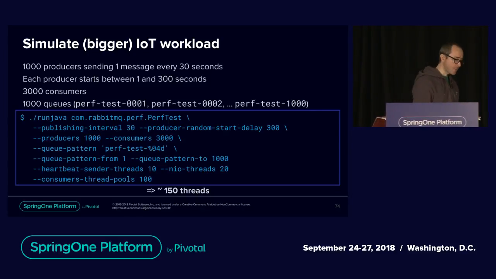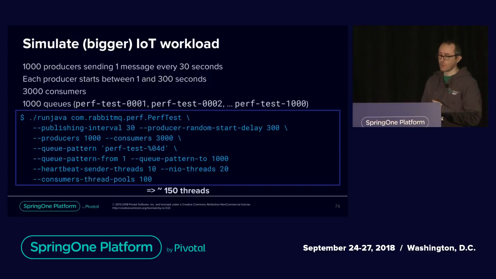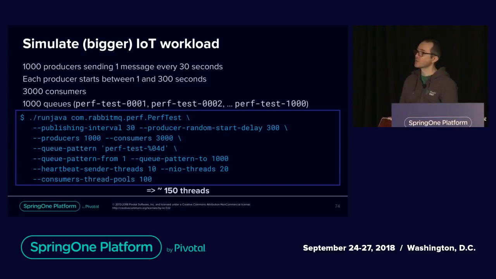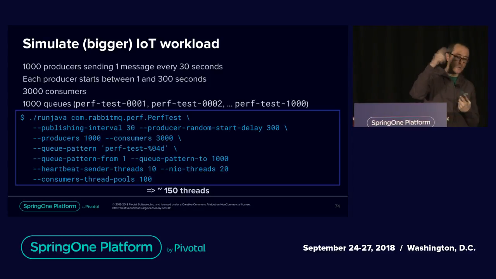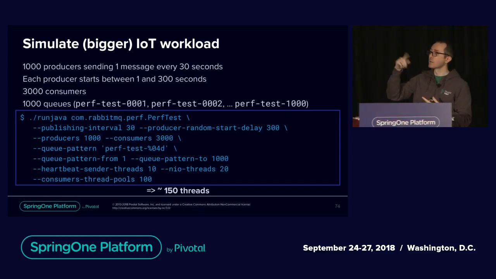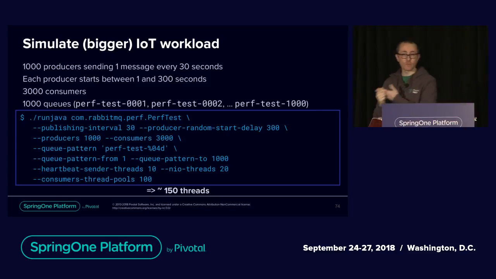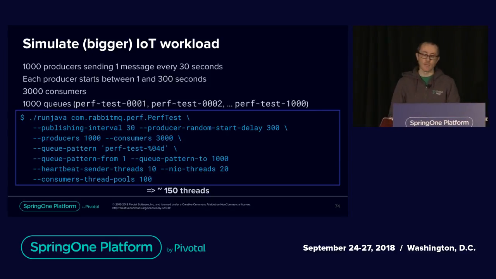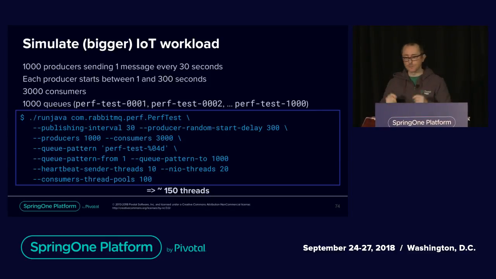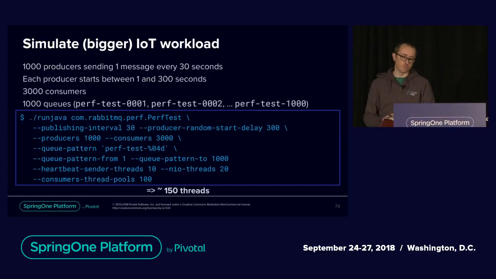By default, we're going to have 2 threads for each producer and consumer. We are using blocking IOs, so for each connection, there's 1 reading thread, and there's 1 thread for the heartbeat mechanism. And for consumers, we have 1 thread for each consumer, so that's why we had like 1,000 threads previously.